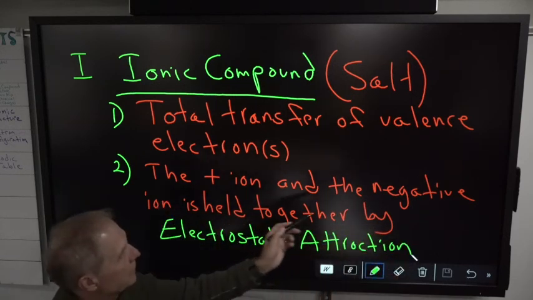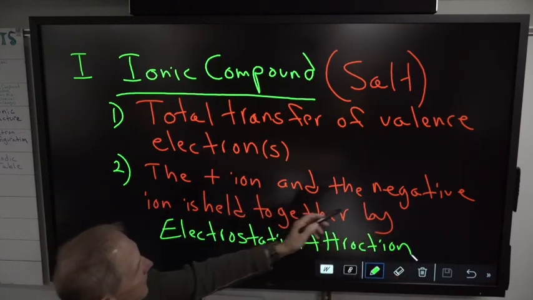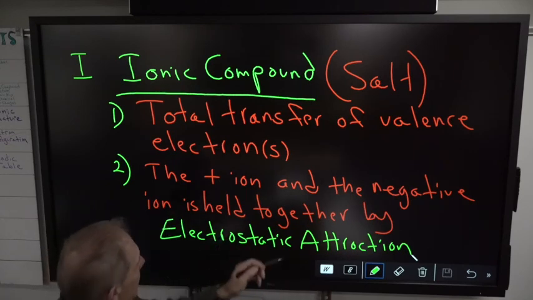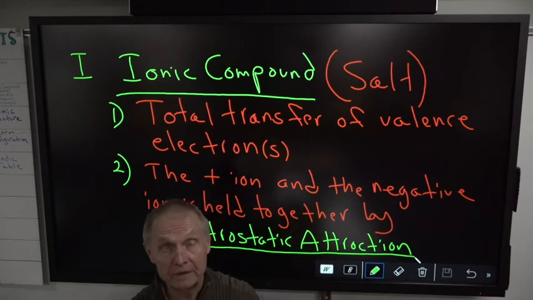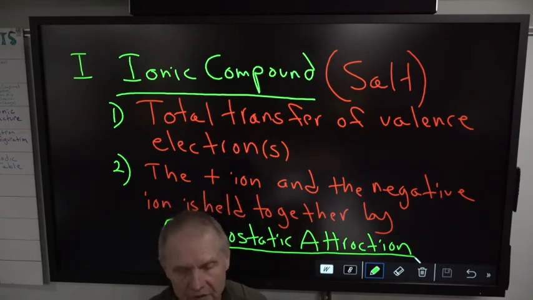So, the positive ion and the negative ion, they're held together by electrostatic attraction. That just means positive is attracted to negative. That's all it means.